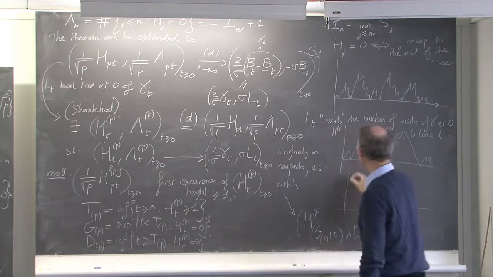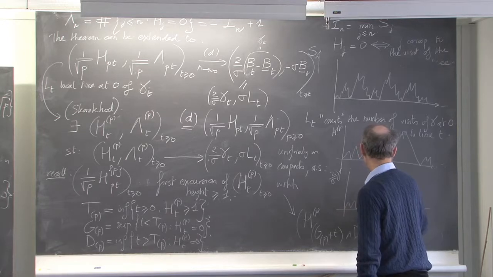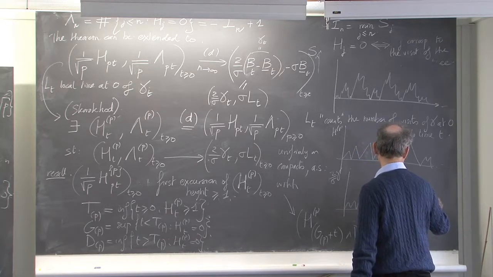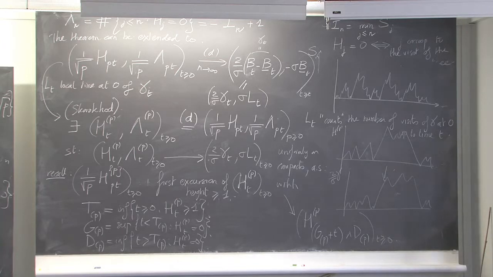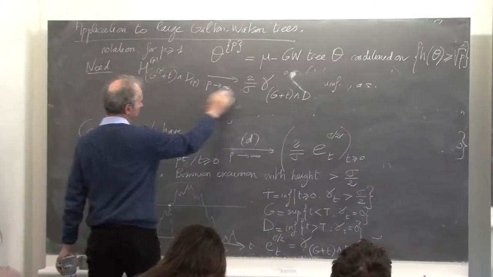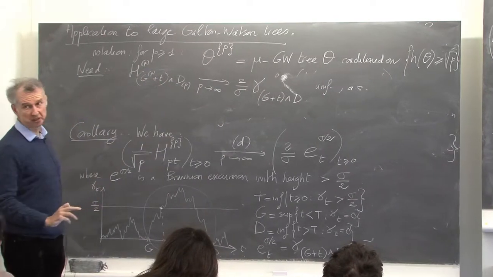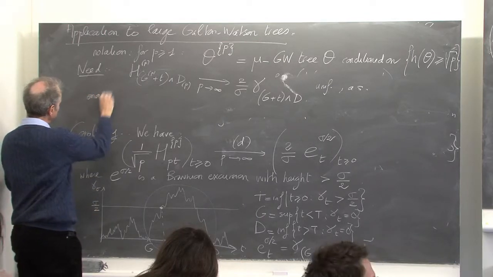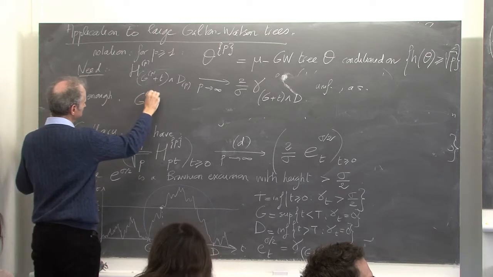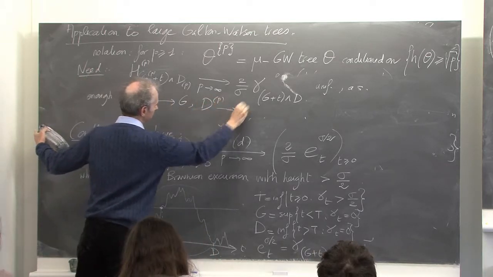You know that they converge to the function 2 over sigma gamma, and you know that this convergence is uniform on every compact. That's nice. So really, this H_p here is going to be close to this process. Now you just have to look at the times at which you consider your processes. So it will be enough to prove that G_p converges to G and D_p converges to T.